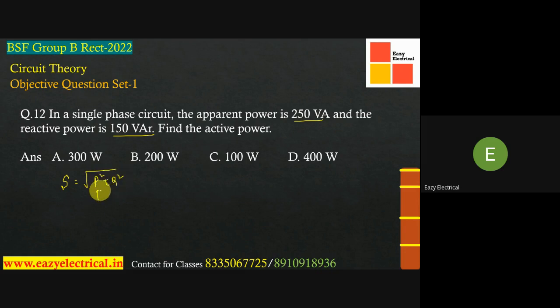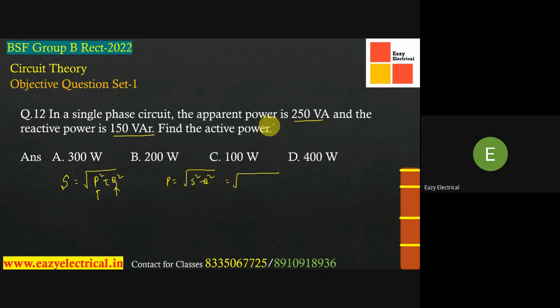Where P is the active power and Q is the reactive power. So P has to be equal to root over of S square minus Q square.